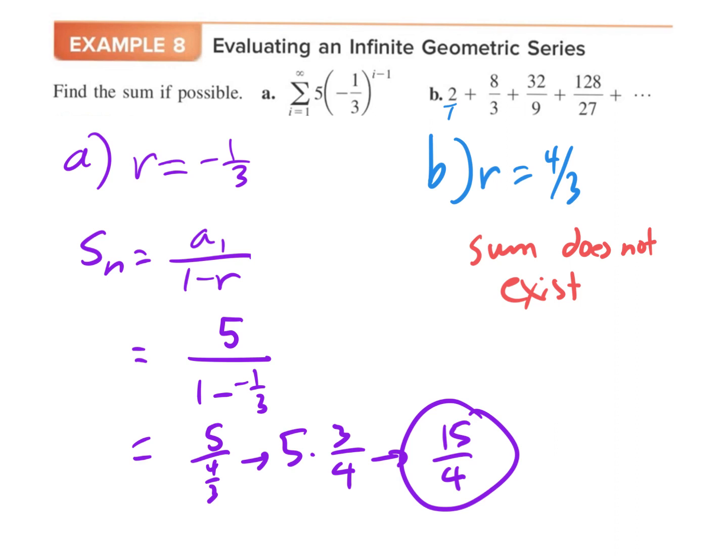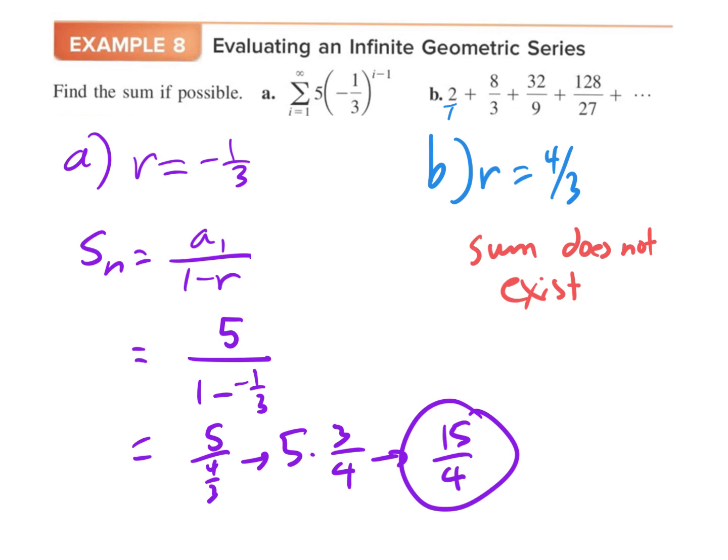But for the purposes here, we'll just say the sum does not exist, because once you get to the 1,000,000th term and you add the 1,000,000th and 1 term, now that sum just got bigger and is different. You get to the 1,000,000th and second term, now that sum got bigger and is different again. But what happens on the other end, when it's between -1 and 1, is what you add gets smaller and smaller, so eventually you're adding 0.